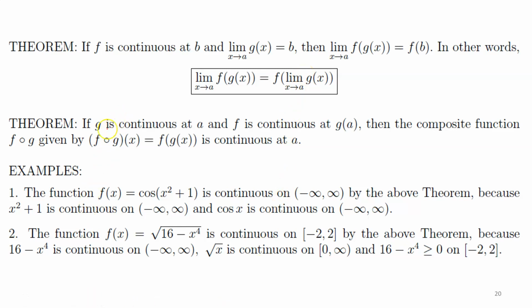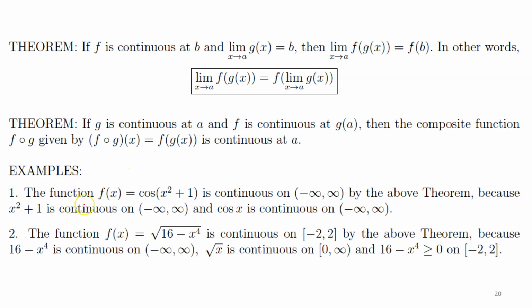Okay, another theorem is that if g is continuous at a and f is continuous at g(a), then the composite function f∘g given by this one is also continuous. Dia kata kalau function tu continuous dekat a, dia punya composite function untuk g, f and g also continuous.